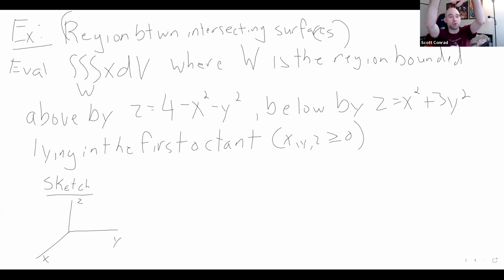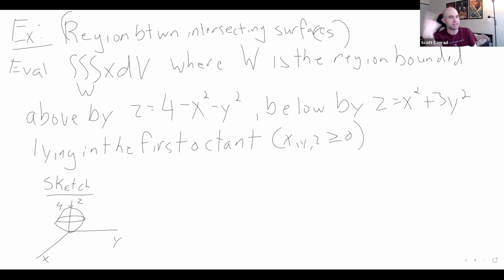That's an elliptic paraboloid opening downwards, and the z-intercept is going to be 4. And then below by z equals x squared plus 3y squared, that's an elliptic paraboloid opening upwards. And the z-intercept is going to be 0.